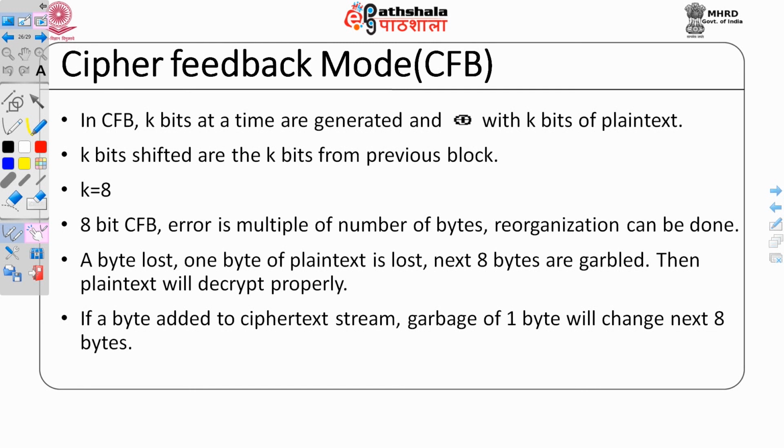If a byte of the plain text is lost, the next 8 bytes are garbled, then the plain text will decrypt properly. If a byte is added to the ciphertext stream, the garbage of 1 byte will change the next 8 bytes.